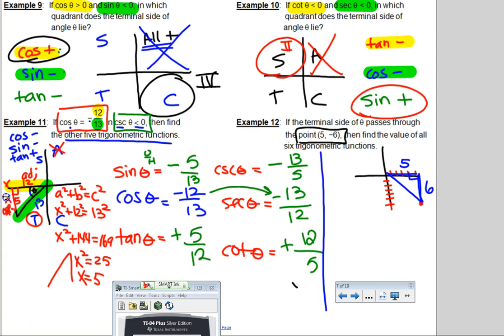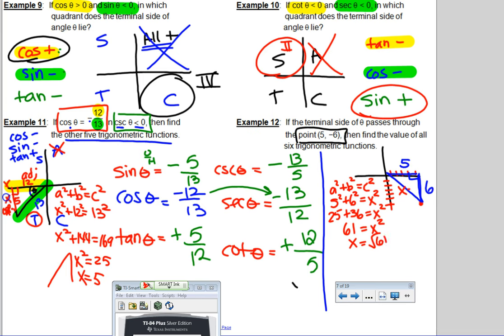I have to now figure out how to get my third side. And there's my third side. We're going to use Pythagorean theorem. And you're going to leave it as a radical.